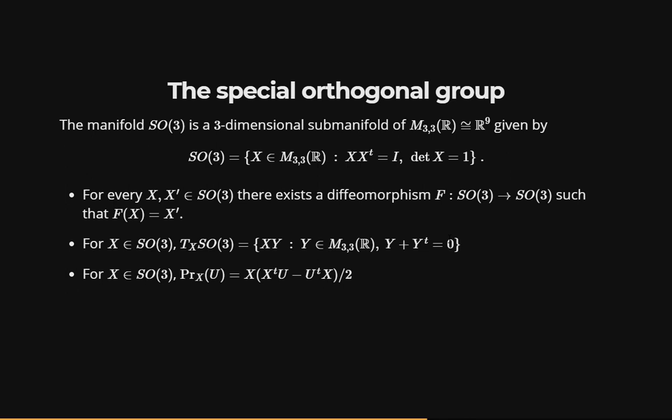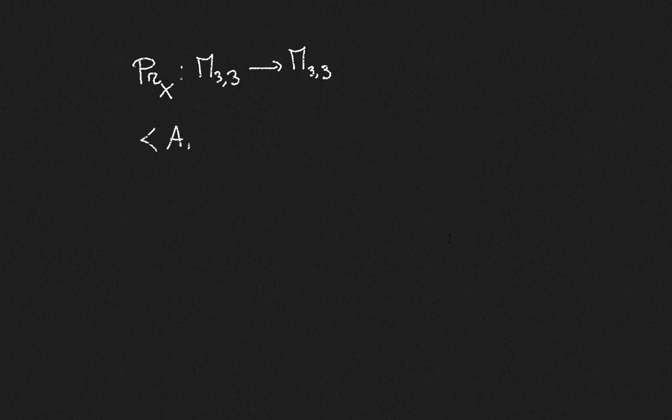By the way, how do you write the scalar product here? It's the trace scalar product. So this is an orthogonal projection from the 3 by 3 matrices to the 3 by 3 matrices. What is the scalar product? The scalar product between two matrices is the trace of A B transpose.